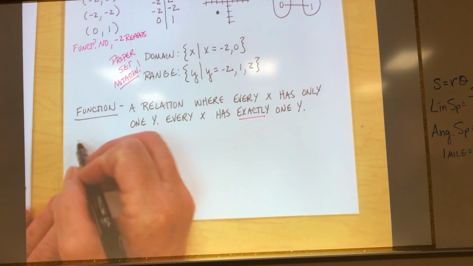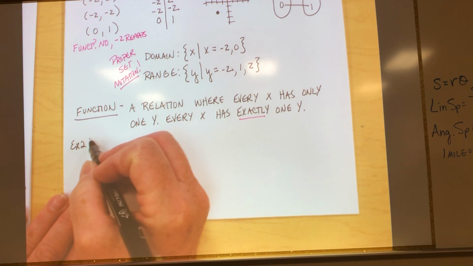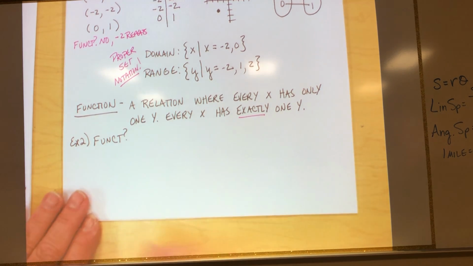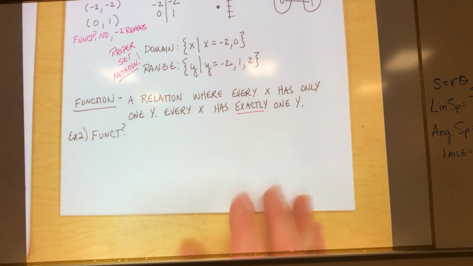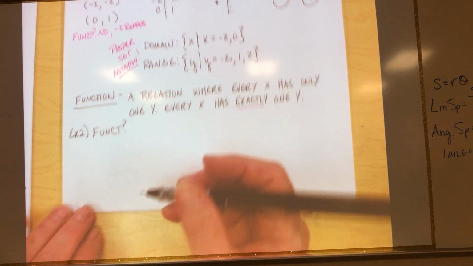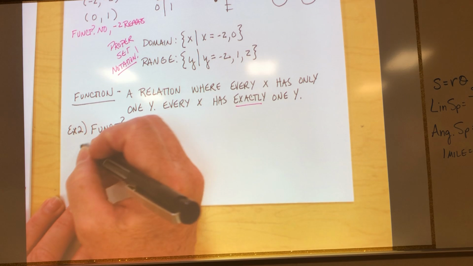Oh, okay. So this is example 2. And all I want to know is, is this a function? Okay, that's all I want to know. All I'm going to do right now before the bell rings is mappings, and then when we come back next class, I'll start with the graphs. All right, so here we go.